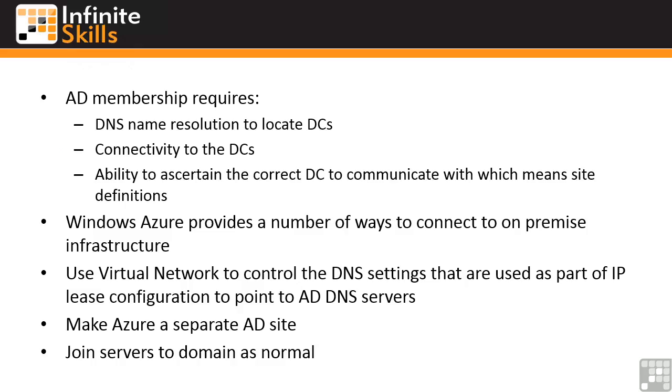Once the DNS configuration of your virtual network points to your domain controllers, be it on-prem or in Windows Azure, I can then just join services as normal. There's really no special steps required. They'll be able to find the domain controllers via DNS. They'll be able to communicate via just IP routing between on-prem and Windows Azure, and then they're just members of the domain. So it's actually fairly simple to extend your Active Directory out into Windows Azure.